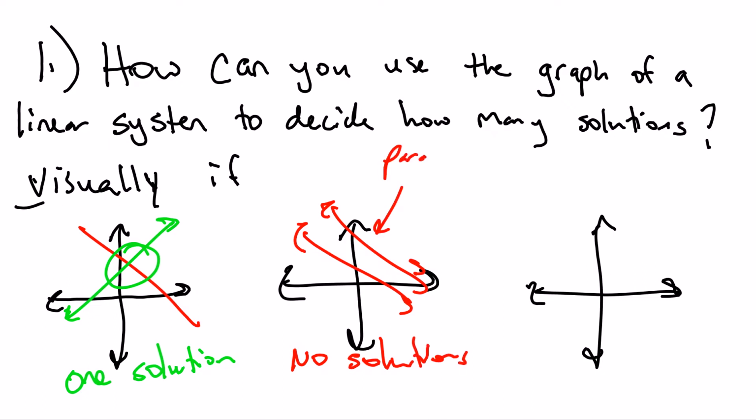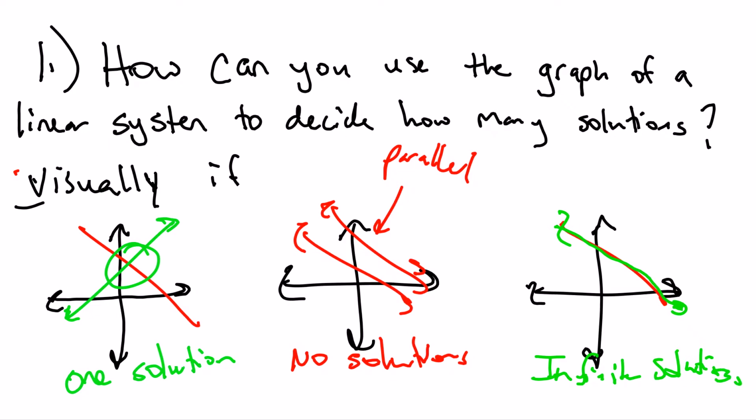Those are supposed to be parallel. If, when you graph it, the lines are on top of each other, or they're the same exact line, that's infinite solutions. All right, that's it for number 1.